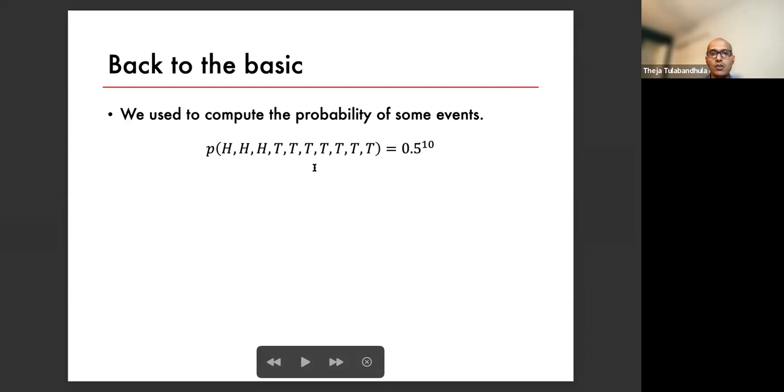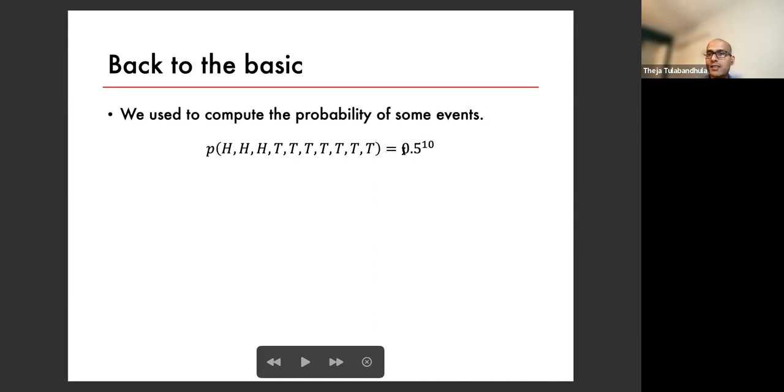If we know that the coin is unbiased, as in the probability of heads is the same as the probability of tails, then the probability of this particular event happening, which is heads in the first trial, heads in the second trial, heads in the third trial, tails in the fourth trial, and so on, is equal to 0.5 times 0.5 times 0.5, all the way 10 times. That's why there's a to the power 10.